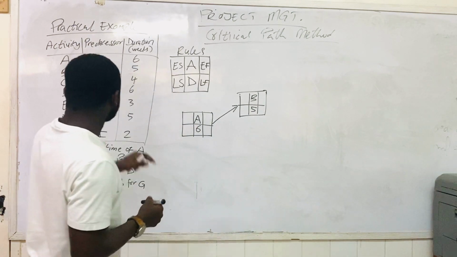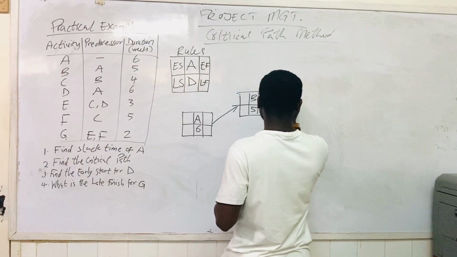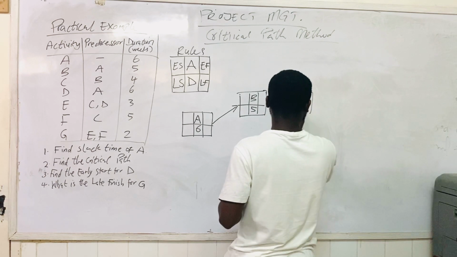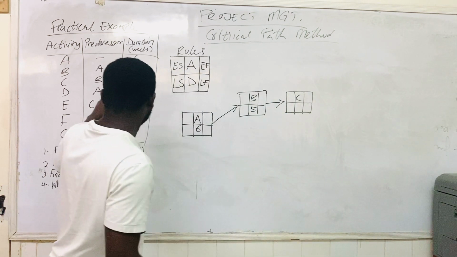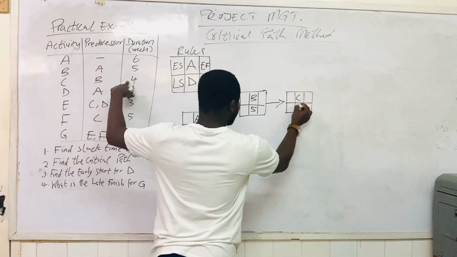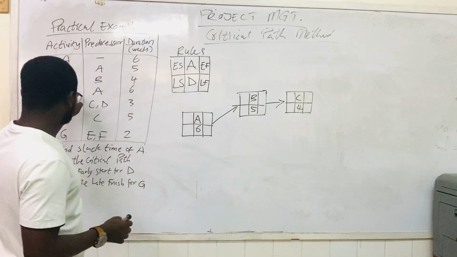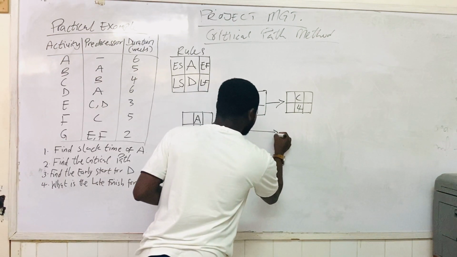Then we have activity C, whose predecessor is B, and so we go ahead with C. 1, 2, 3, 4. So we have C here, and then C has 4. Then we go to D from A.